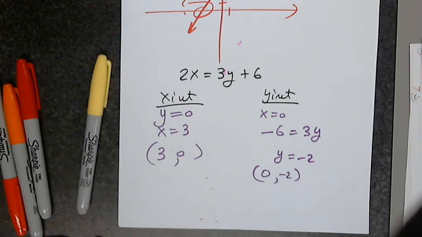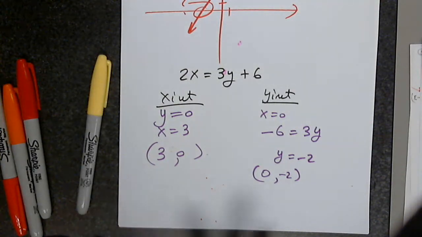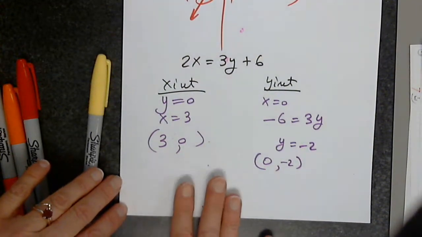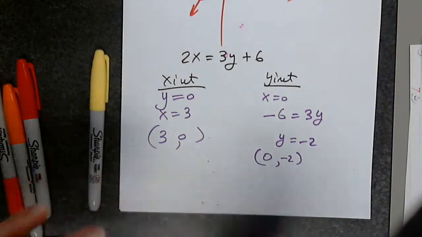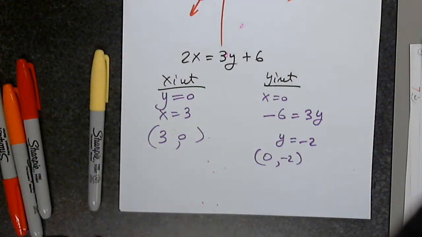That's all I need. If I use the slope, I have to divide by 3. I have to identify the slope. I have to find the y-intercept. And I have to go up 2, left 3, blah, blah, blah. So not only is it a little bit more difficult, but it's not as useful moving forward. There is no other function but the linear function that you can graph using the slope.